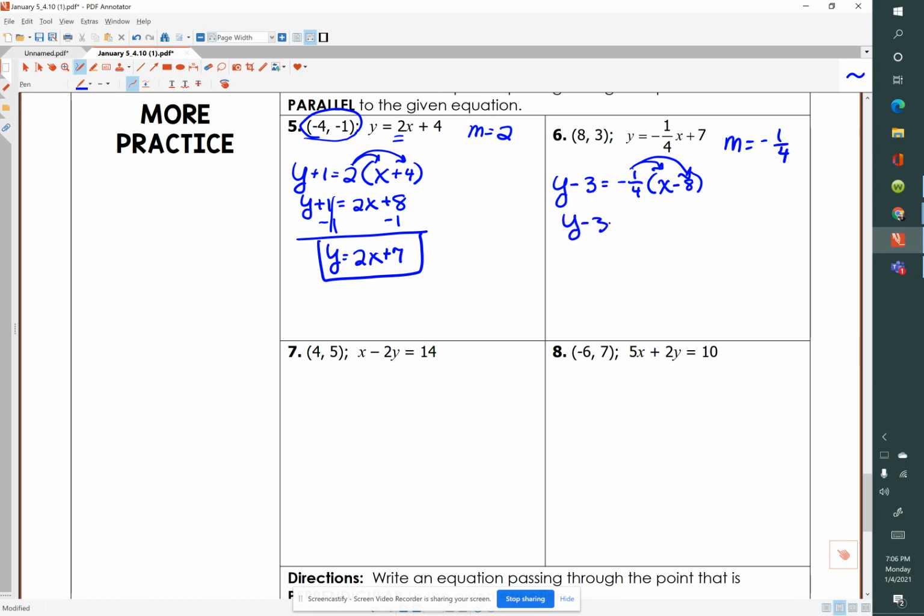Y minus 3 equals -1/4 x, and -1/4 times -8 is a positive 2. Add 3 to each side of this equation, and we have y equals -1/4 x plus 5.